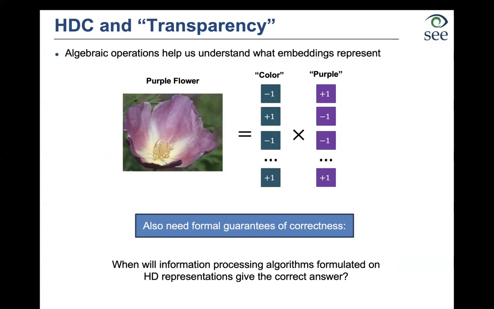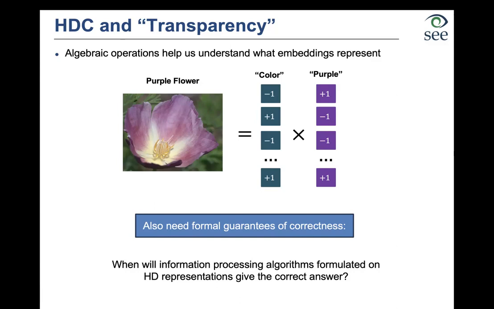This algebraic structure makes it very concrete what these vectors are representing. This is in contrast to something like a deep neural network, which can also be interpreted as constructing a vector representation of your data, but there the representation is much more difficult to understand. The algebraic structure of this model makes it very easy to understand what these vectors mean.